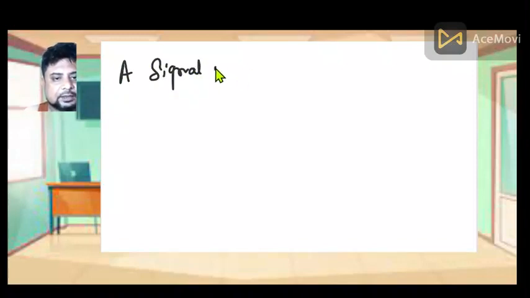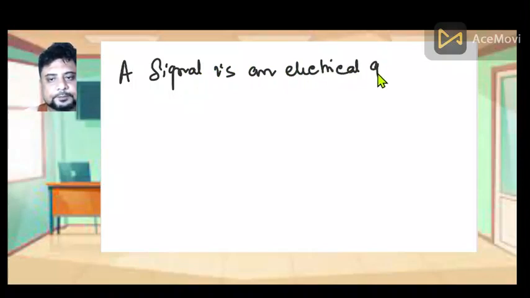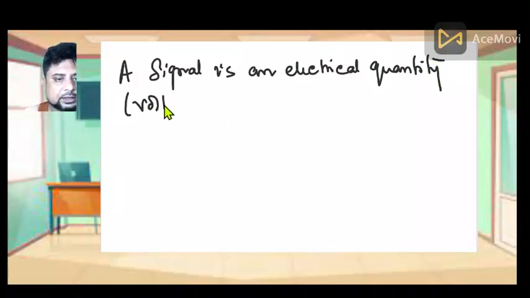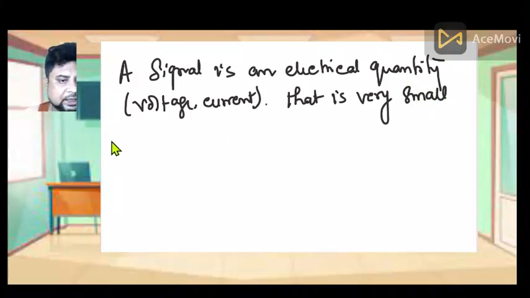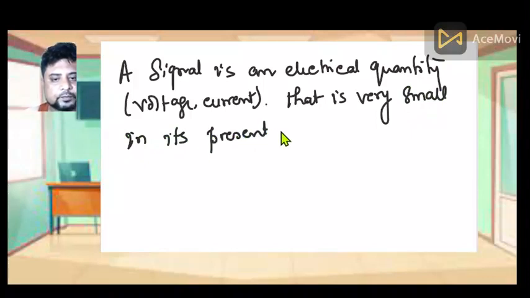So let us first understand what this signal is. A signal is an electrical quantity, any electrical quantity like voltage, current. These two are the main electrical quantities that are very small in their present condition to be used.